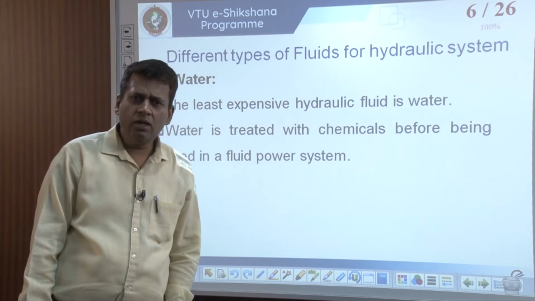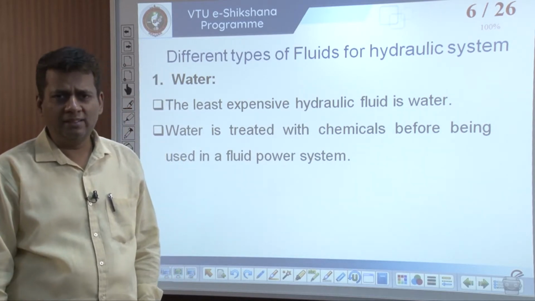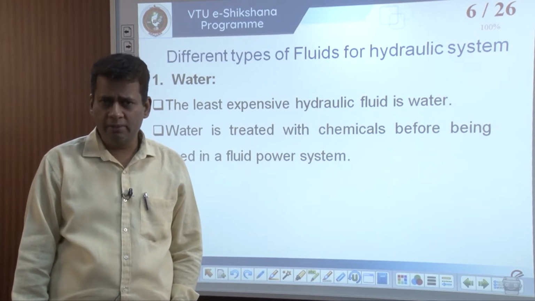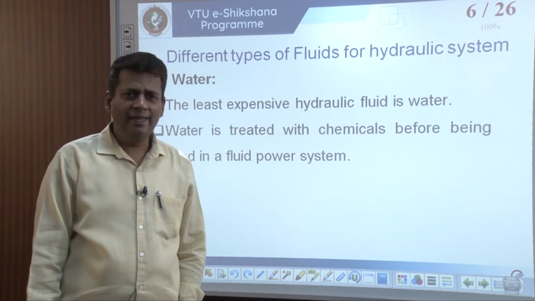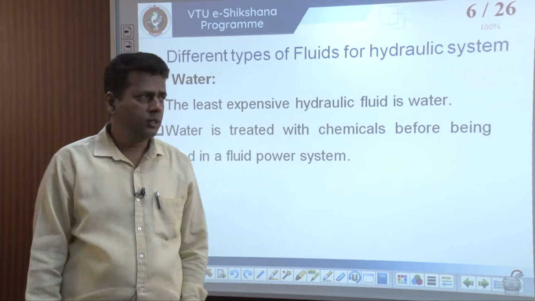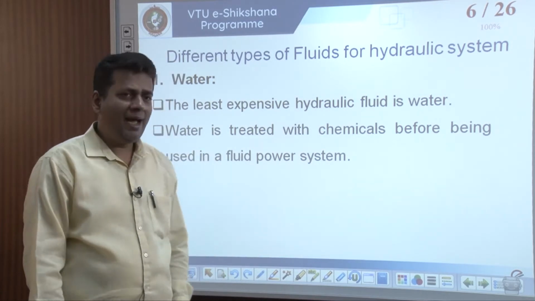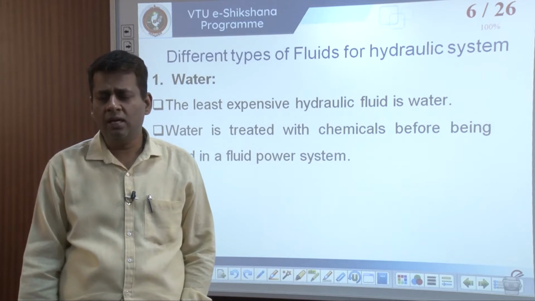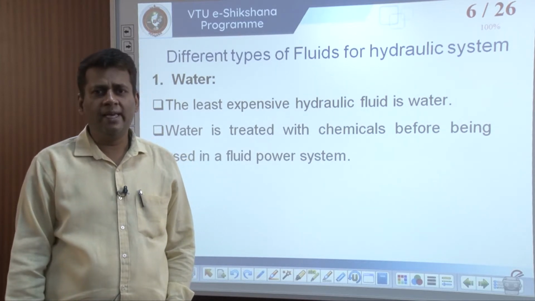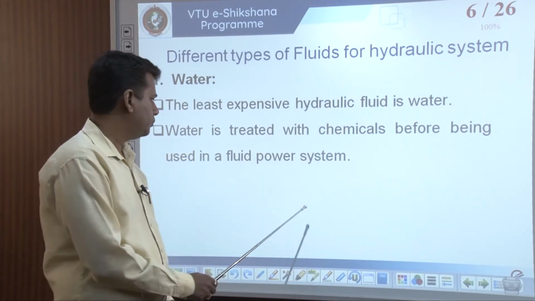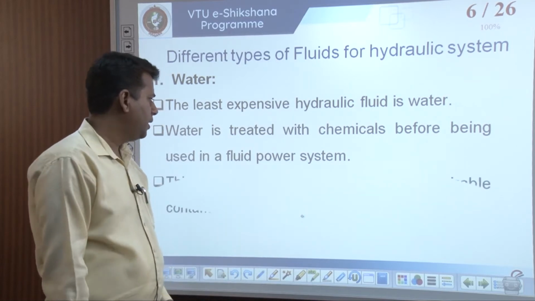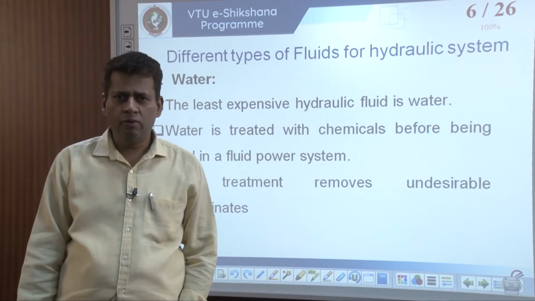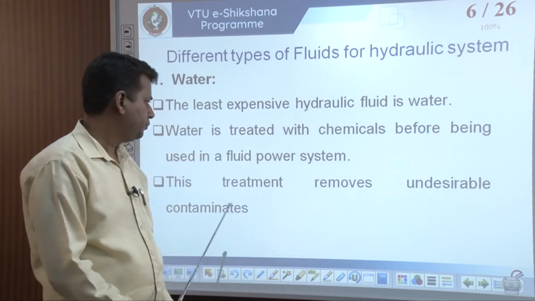We cannot use raw water as it is. We need to subject that water to certain special treatment before using it as a hydraulic fluid. Such processes are filtration followed by chemical treatment before using it as a working substance in any hydraulic and pneumatic system.